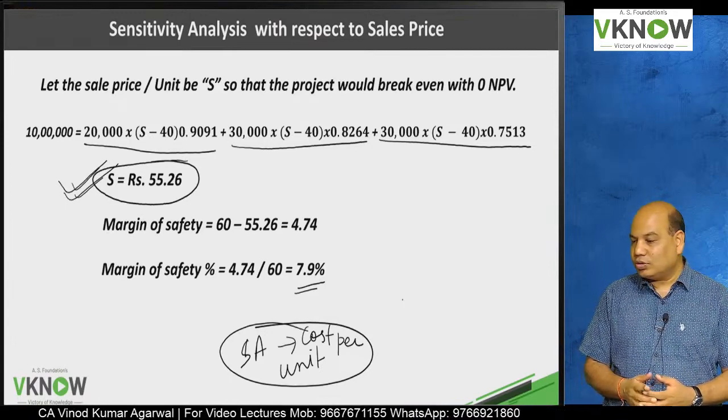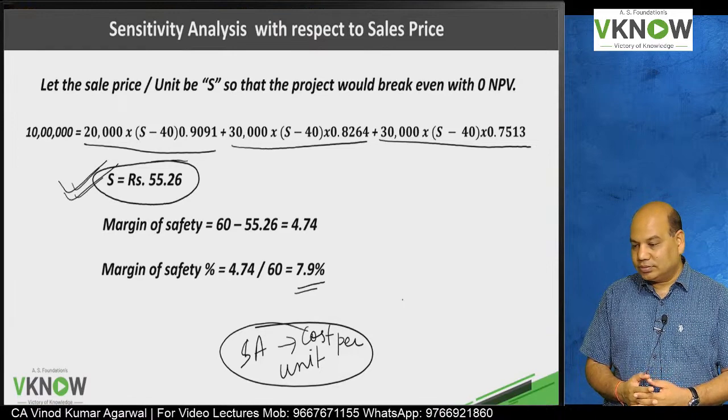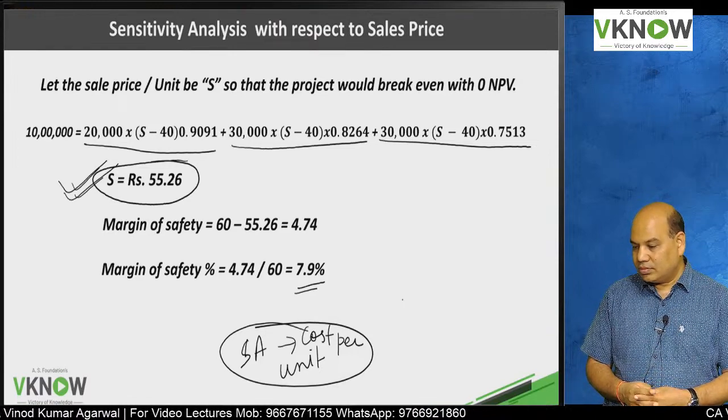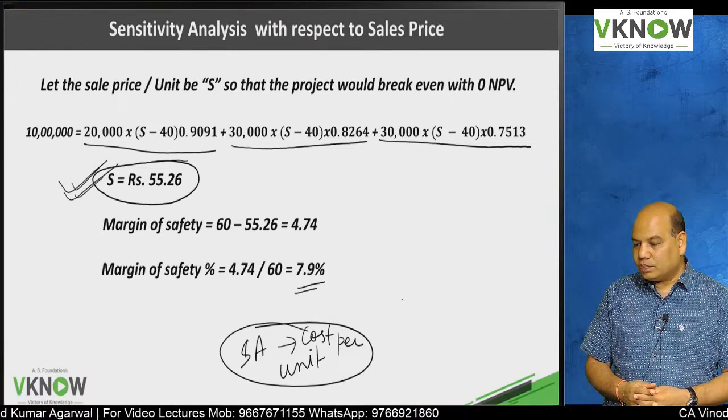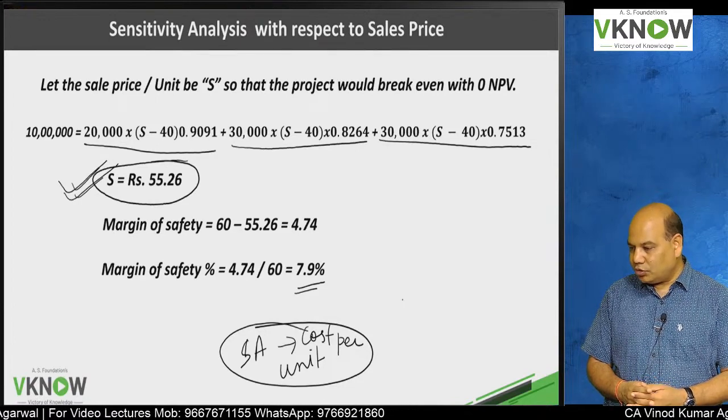If I am asking you to try and think, you are not trying. What is cost per unit at which NPV is 0?